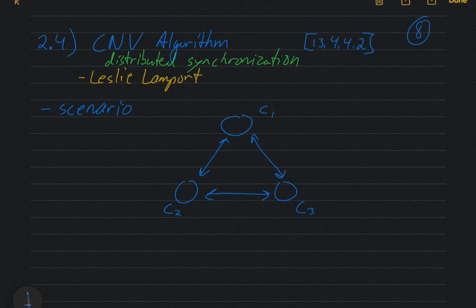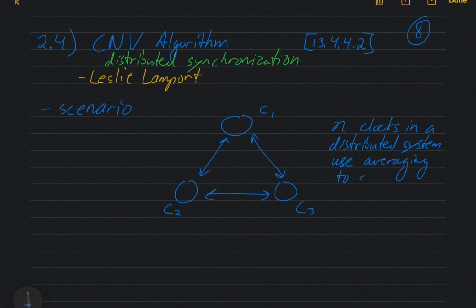So the idea is that we have n clocks in a distributed system using averaging to synchronize. Clock 1 tells clocks 2 and 3 what time it thinks it is, and vice versa, and then each of them takes the average of all 3, and they have a new time.